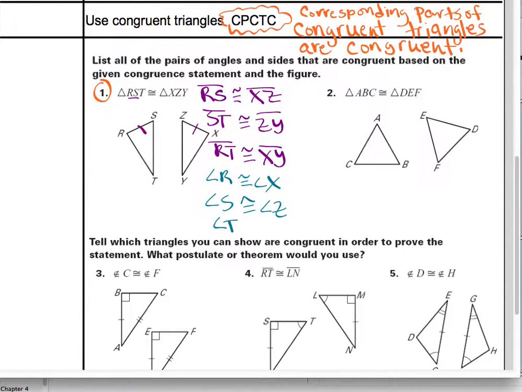And then angle T congruent to angle Y. So those would be the 6 sets of corresponding congruent parts of these triangles. So if I prove these triangles congruent, I would be able to say any of these statements based on the fact that they're congruent. And if I was doing a proof, my reason for that would be CPCTC.